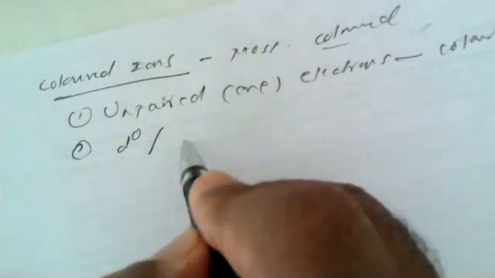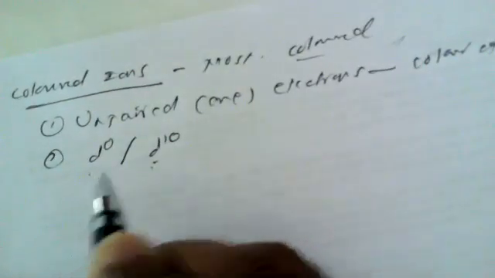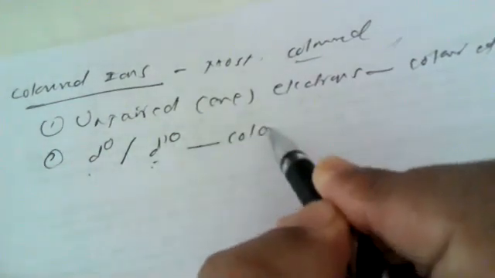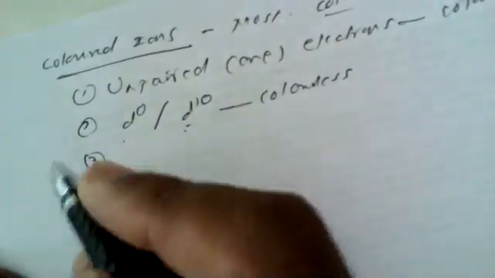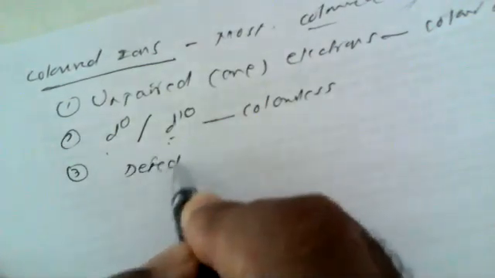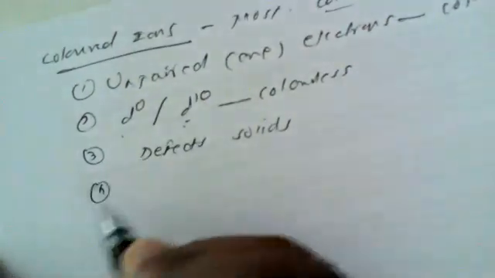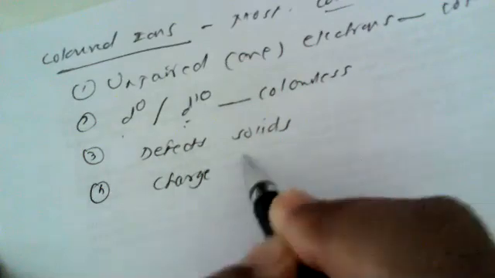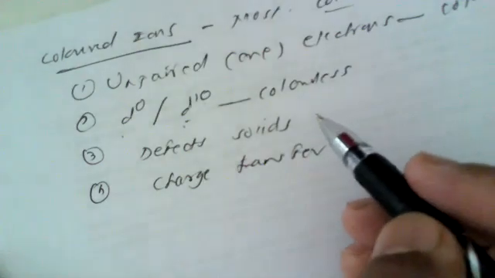That means we have seen if the d orbital is empty or completely filled, completely filled meaning no unpaired electrons, and here no electrons at all, under such circumstances the corresponding atom or ion is colorless. Thirdly, we have seen the color is also due to certain defects in the solid crystal structure. And fourth, the color is also due to the transfer of charge, what we call charge transfer, from one atom to another atom.